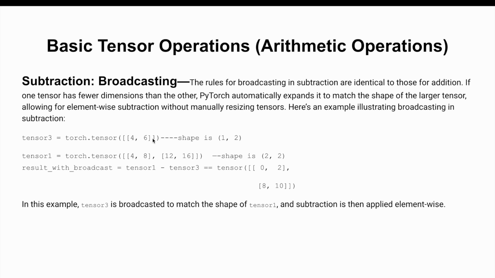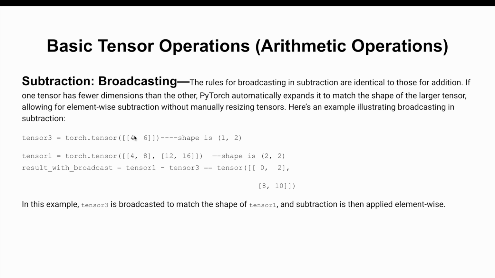We have a tensor 4, 6, which is of shape 1 row, 2 columns, so 1 by 2. And we also have another tensor of size 2 rows, 2 columns. It's size 2 by 2. So to subtract with broadcast, we do the same thing that we did.